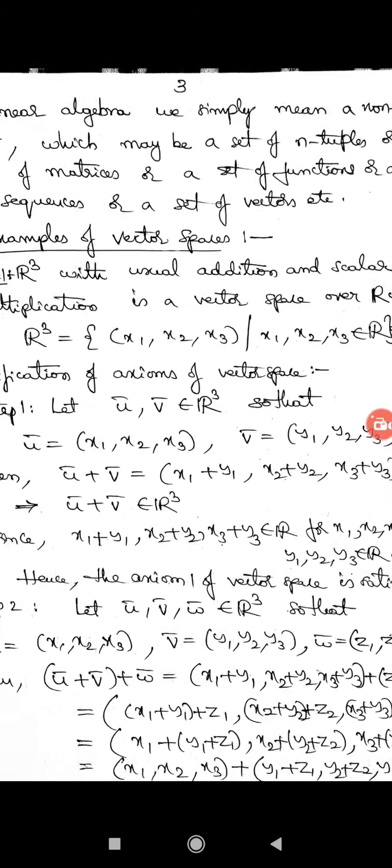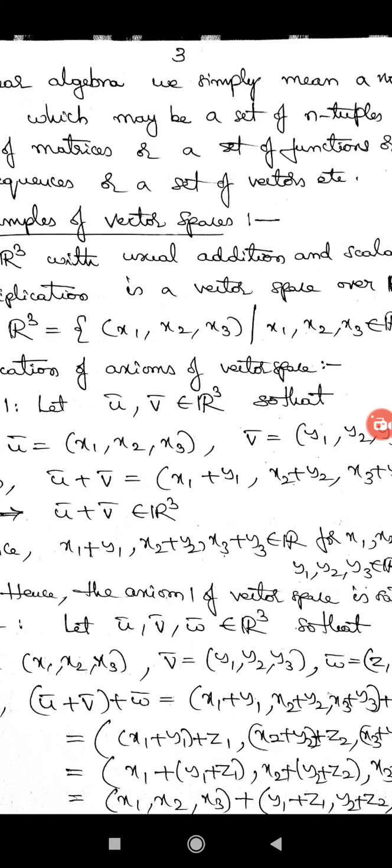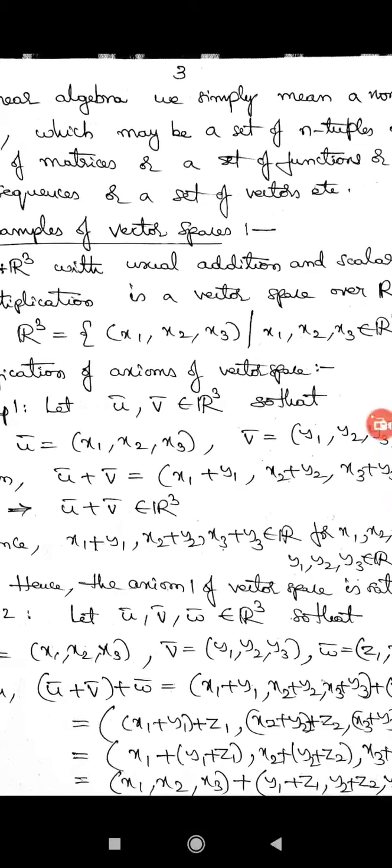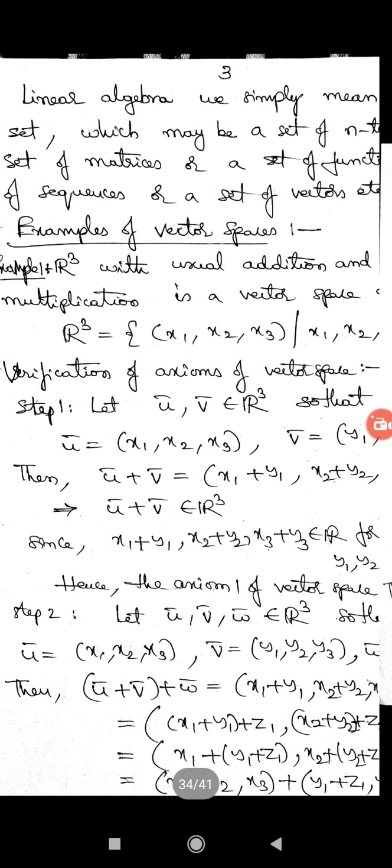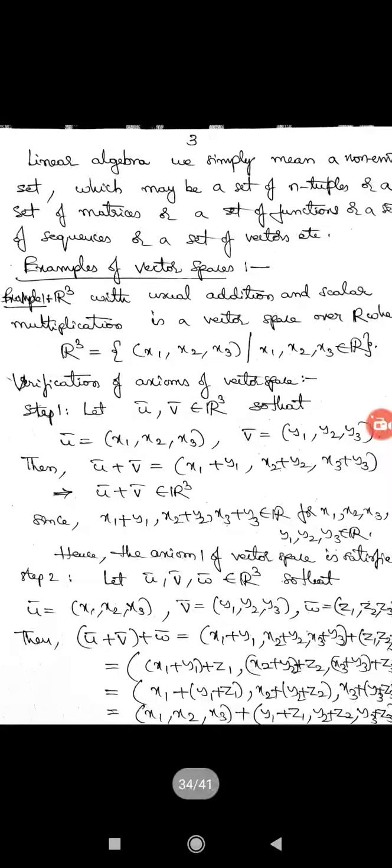Here x1, x2, x3 and y1, y2, y3 are all real numbers, elements from the set capital R. Now let us see what u bar plus v bar is.